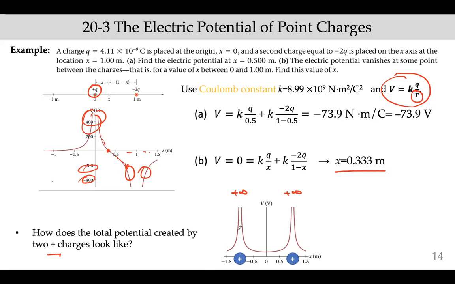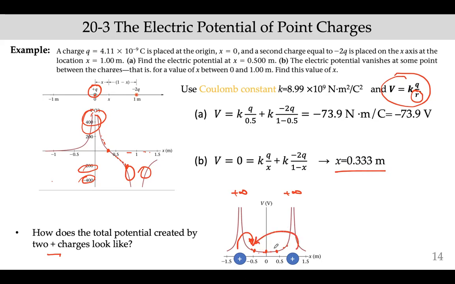Of course, if you go away from it at a distance to the left or to the right, it will be a positive number, a finite number. And in this case, in between, you are always adding up positive values. For example, at this point, at this point, at this point, there's a positive contribution to potential from this charge and also this charge at all points in between.